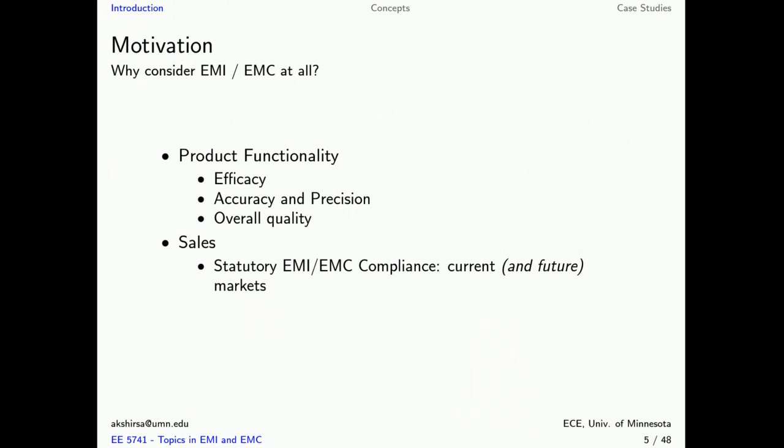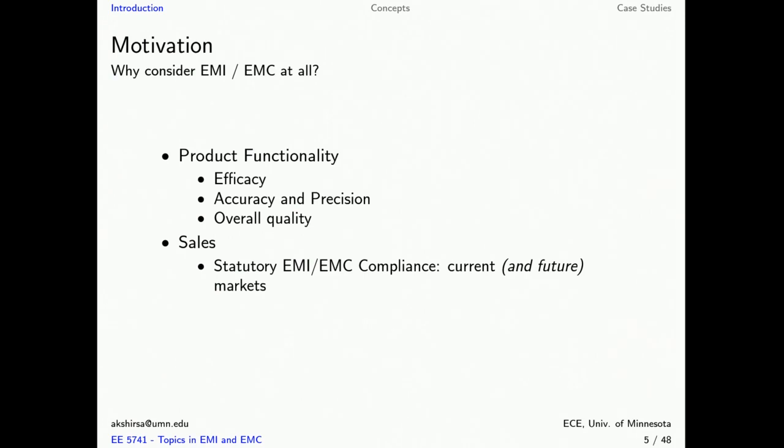And part of those rules apply to EMI and EMC. And the other thing to look at is that these apply not only to current rules in current markets, but future markets and future rules as well. So as a good designer, one must design the product to meet not only today's requirements in today's markets, but future requirements in future markets as well.